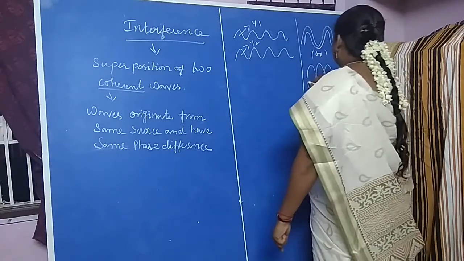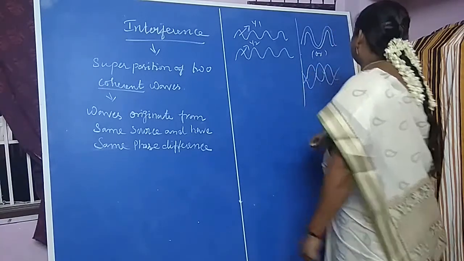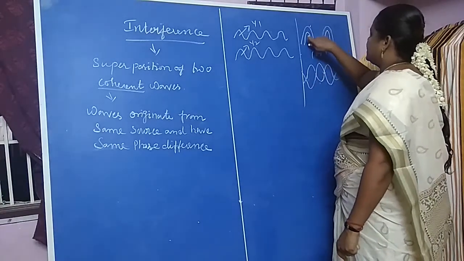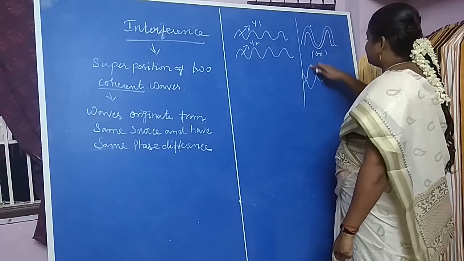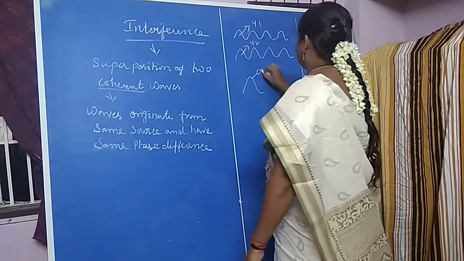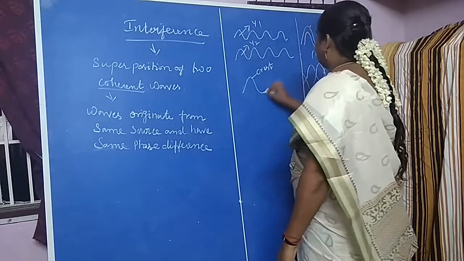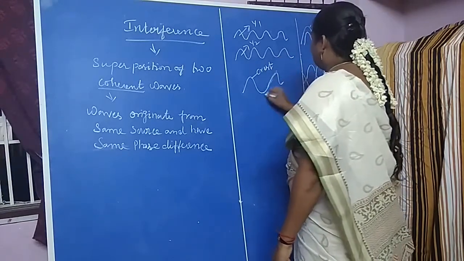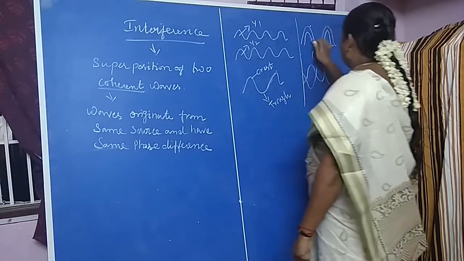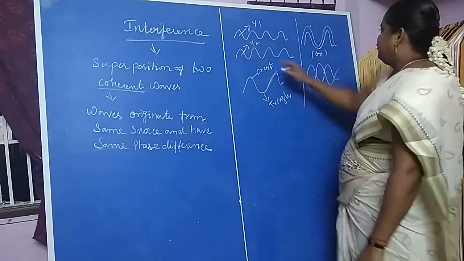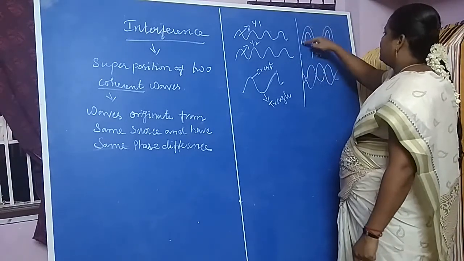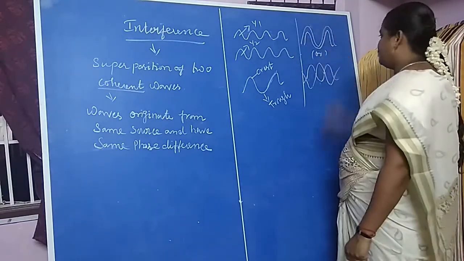So two cases are possible. Either the crest of one wave meets the crest of another wave, or the crest meets the trough. This is the crest and this one is the trough. Either case is possible. If the waves travel in one direction, at any point the two waves will superimpose.